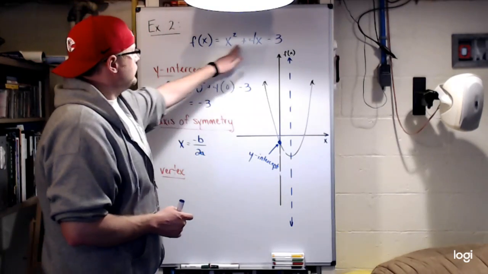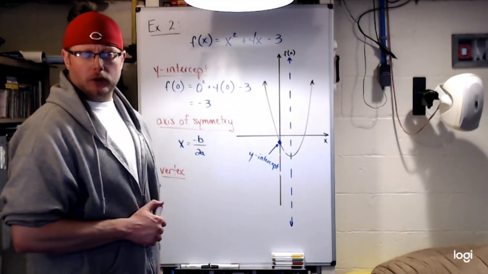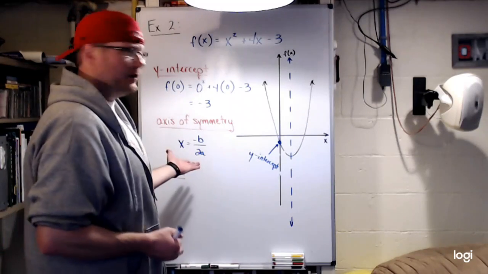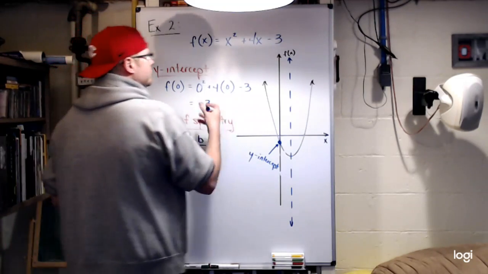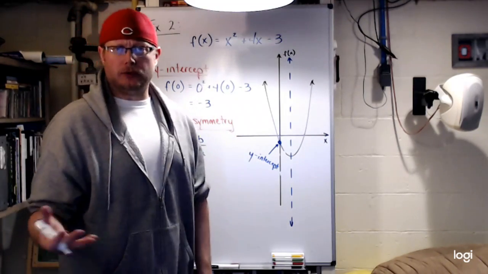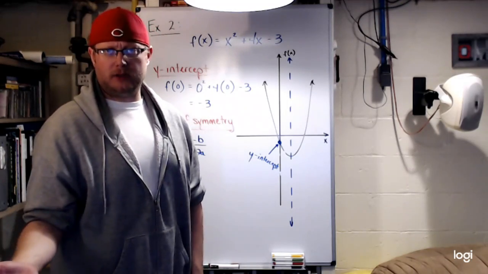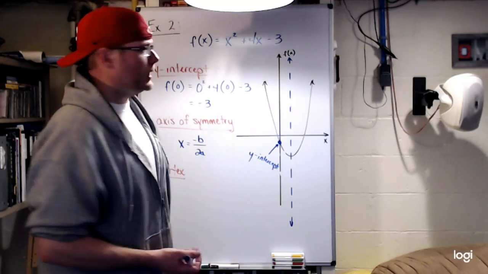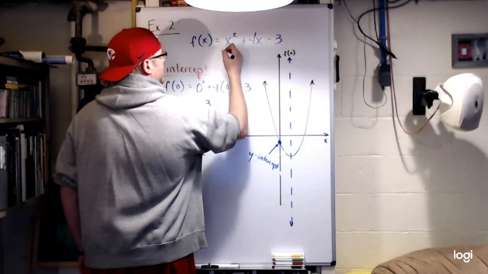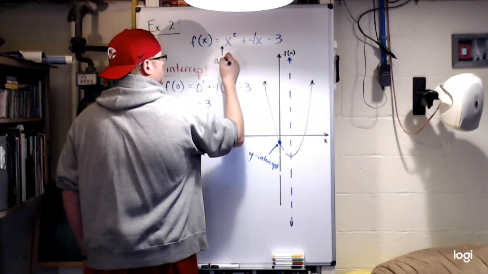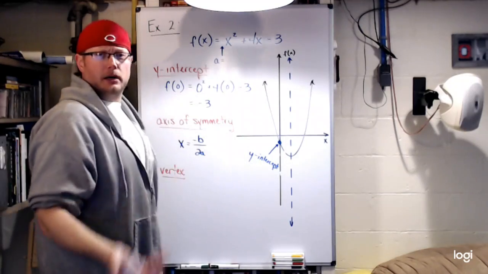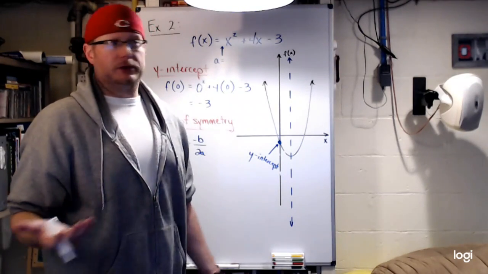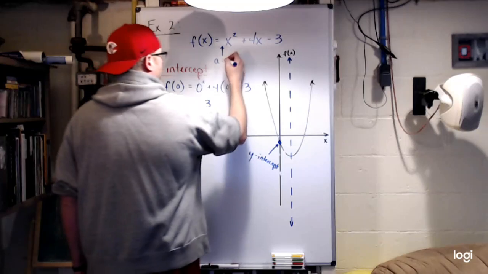We use the coefficients of your equation in standard form to figure this out. Sometimes it'll help you to go ahead and identify a, b, and c before we go through all this. I didn't yet, but it's okay. A in this case, because we don't see a number out in front of x squared, we assume it's just 1, right? So a is going to be 1.